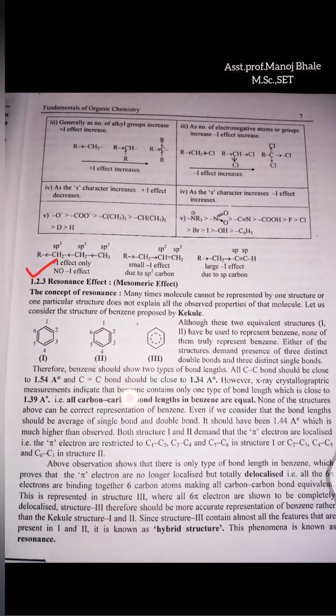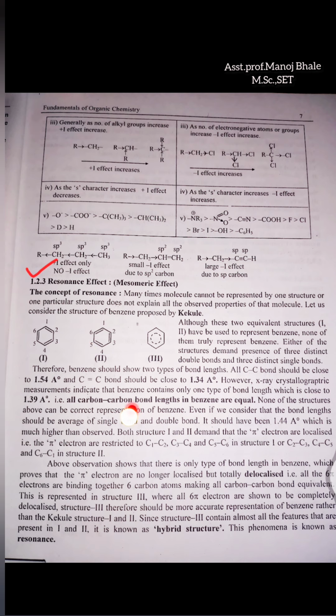But what happens in all these structures? As per this concept, double bond means short bond length and single bond means long bond length, as in structure number first. But experimentally we observe that all carbon bond lengths in benzene are equal. All bonds in this structure are equal, there is no change in bond length.